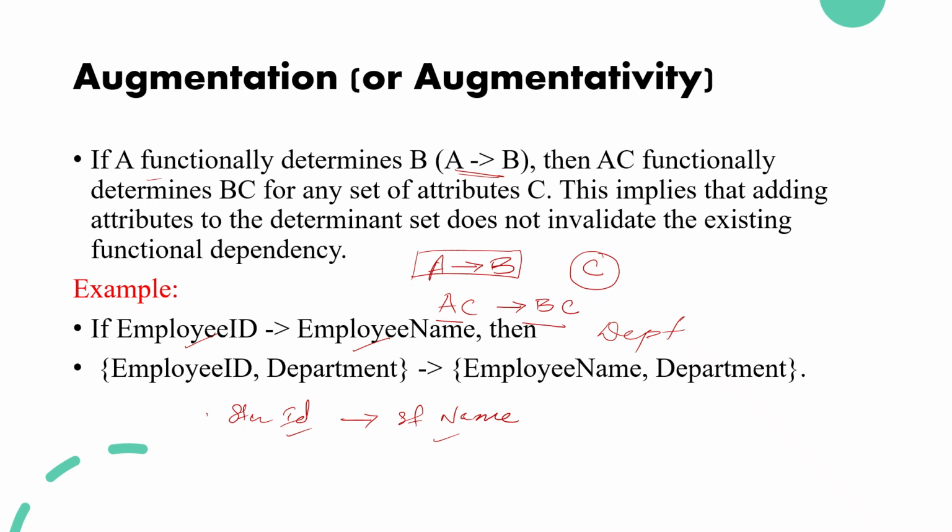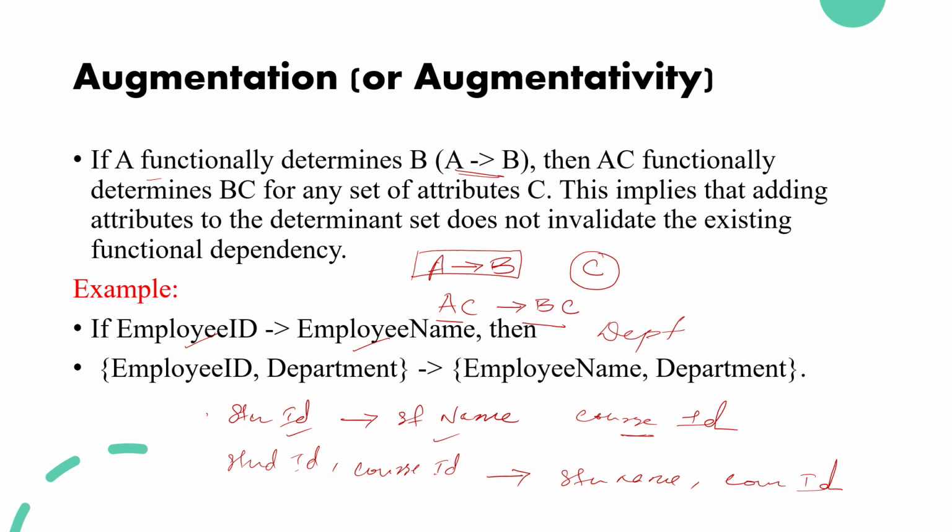Now let us take another attribute, course ID. If I add this course ID on both sides, student ID comma course ID determines student name comma course ID.